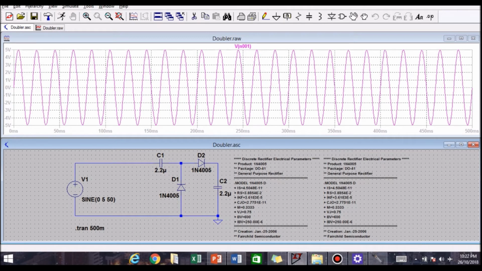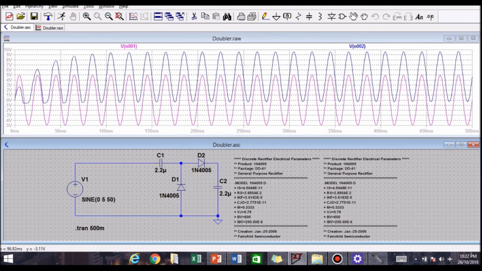After going through the circuit, we can see the waveform generated is multiplied by 2. This graph does not exceed 10 because there is some resistance in the circuit and some loss due to the configuration of the circuit. It is almost double the initial voltage from the AC supply.